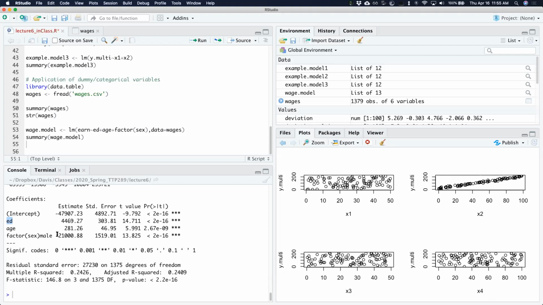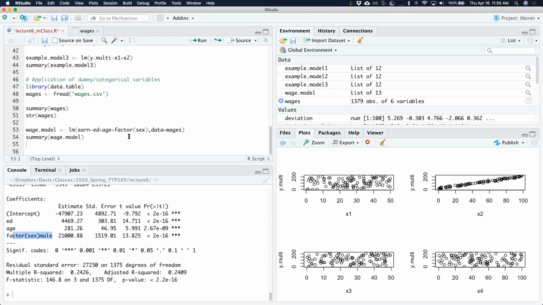But then what does it mean for a factor? Because male and female isn't something that you can plot on your data.